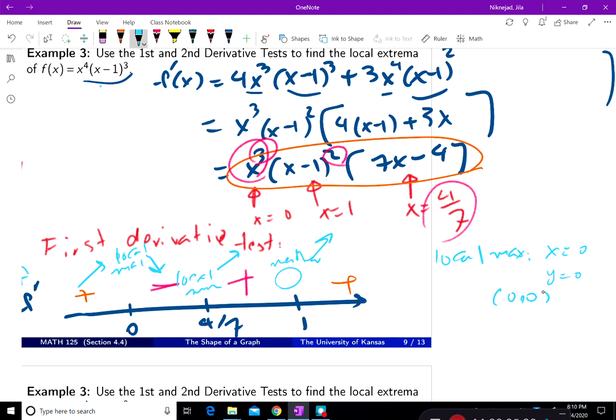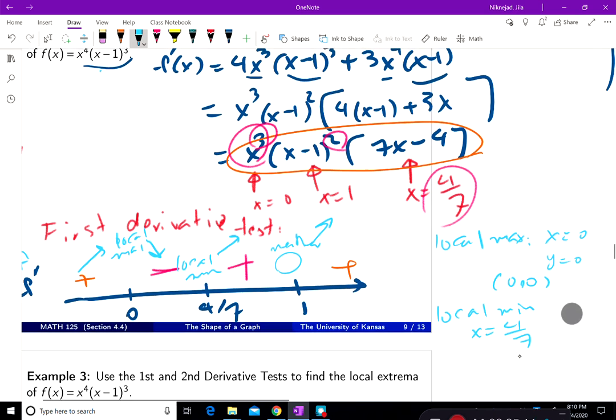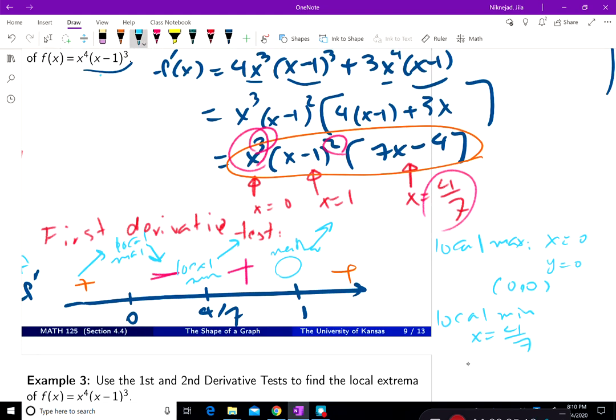And the local min is going to be at x equal to 4/7. I have to plug it back into the original to find the y value. y is (4/7) to the power 4 times (4/7 minus 1) to the power 3.